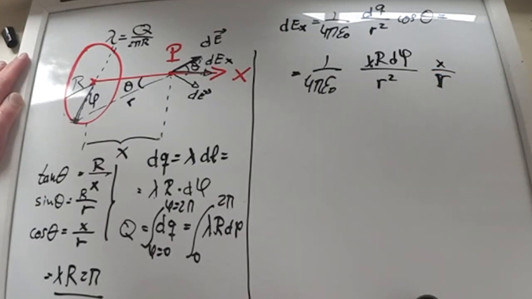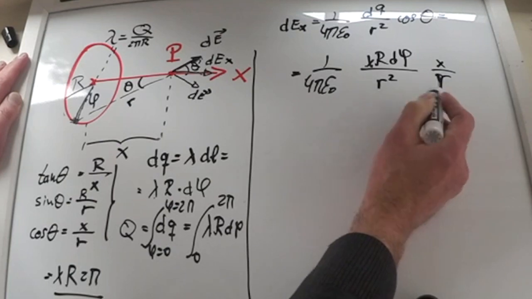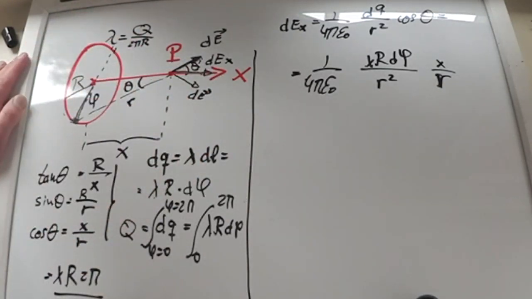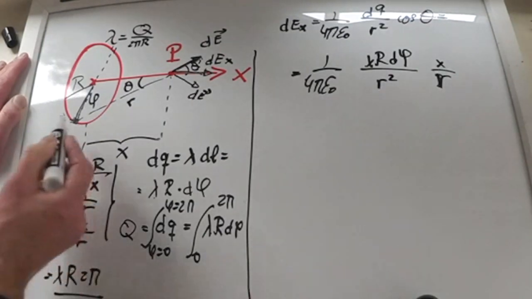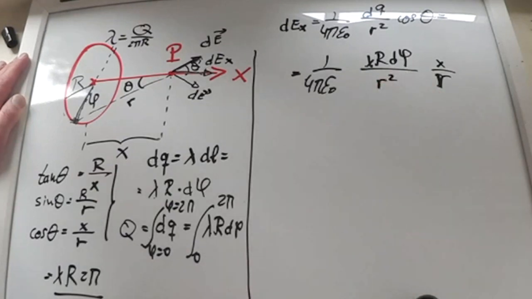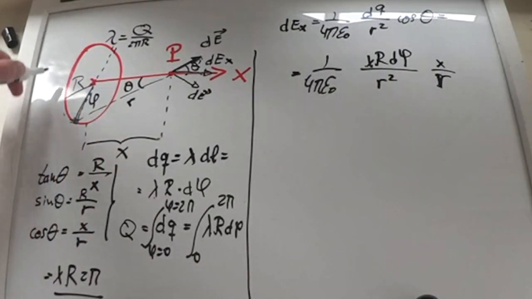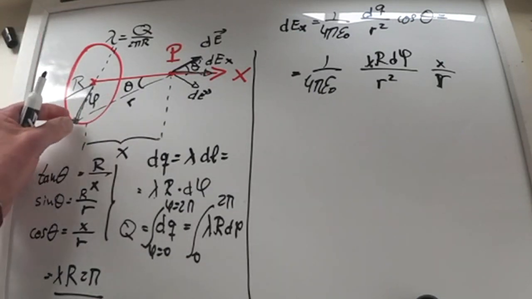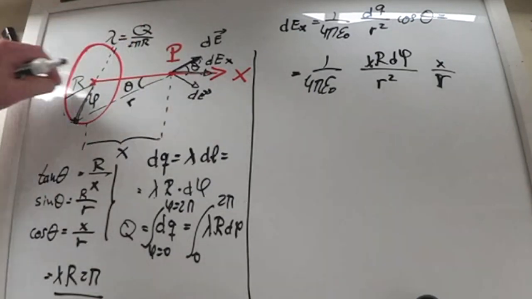Now, I have r to the power of 3. This R is a constant. It's always the same for all of the differential of charges. x is this fixed distance, so everything here is constant except for the angle. So I'm integrating all along who is creating that electric field, which is the ring. So I'm going with this d phi from 0 to 2 pi.